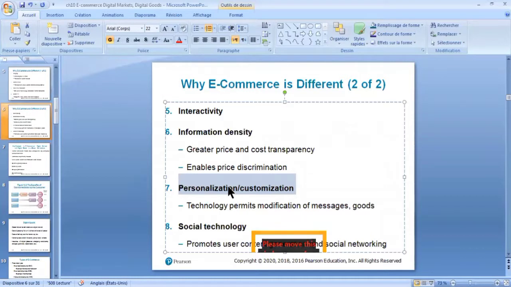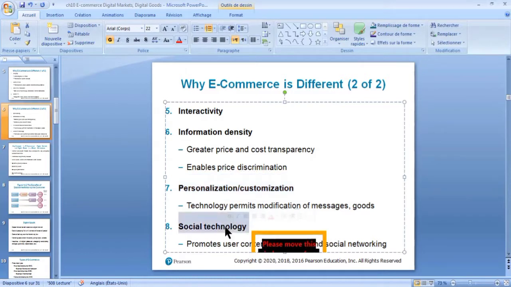It also allows customization, which means changing the delivered product or service based on the customer preferences or based on their prior behavior. Okay, the internet makes this very easy.